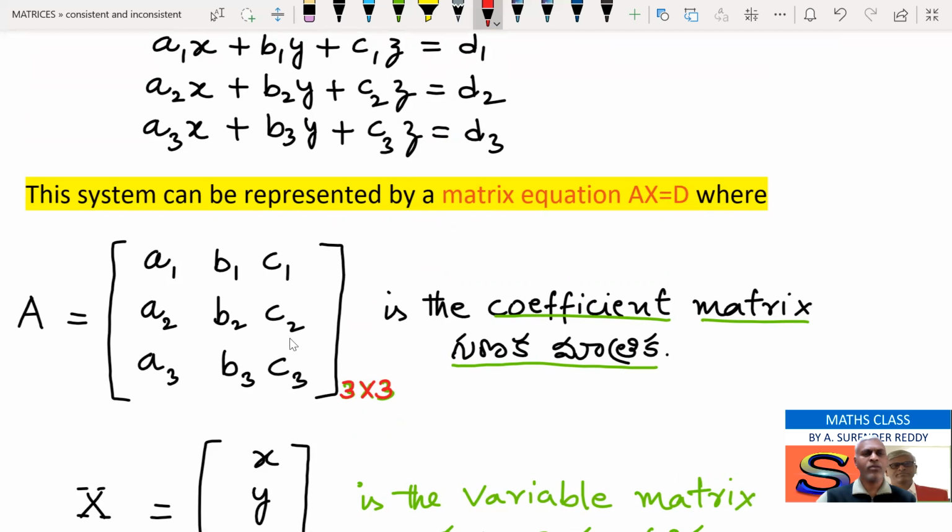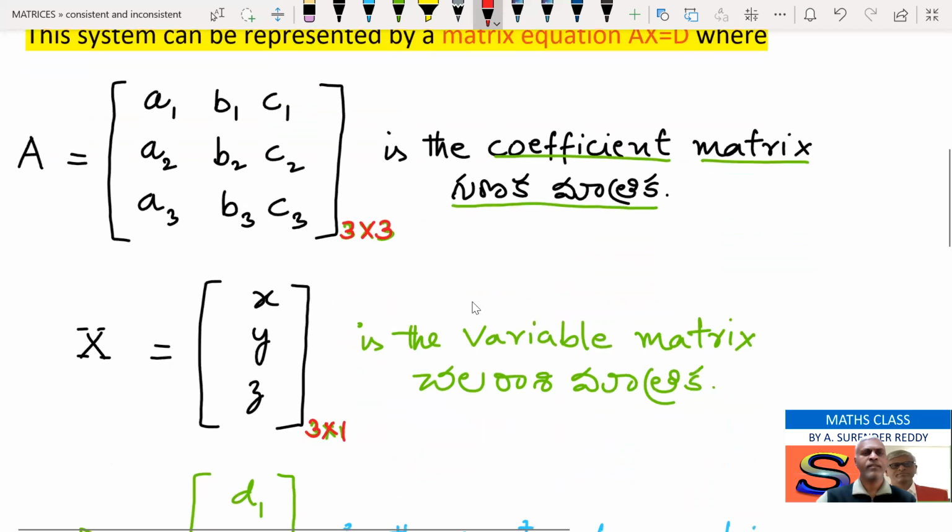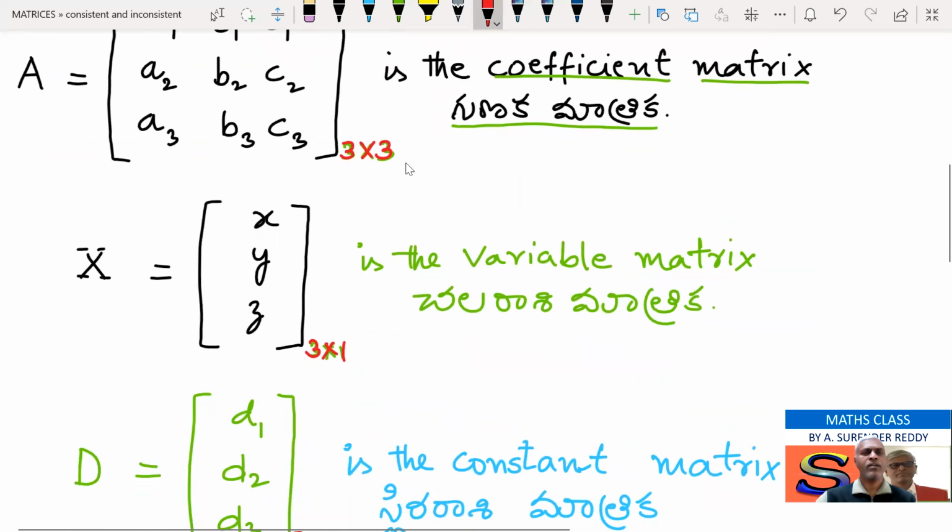These are all coefficients in the equation, so it is called the coefficient matrix A, capital A. Its order is 3 by 3.